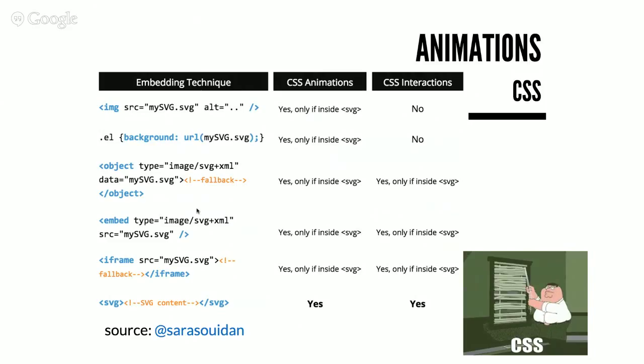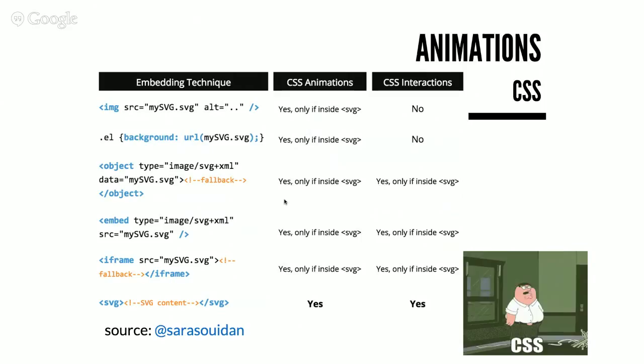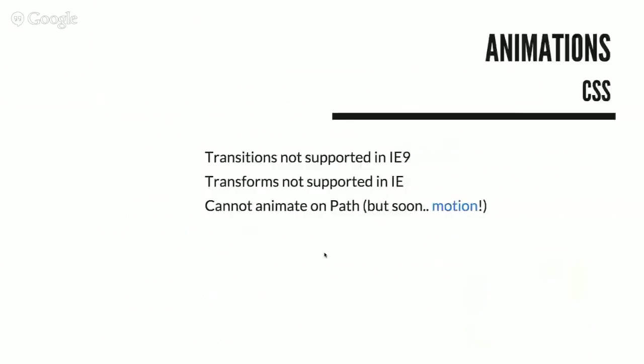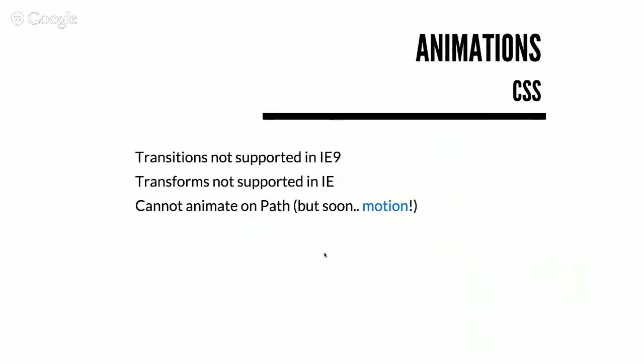So for IE 8 and below, you can easily use some of these strategies. CSS animations should work for all of these, except for the fact that CSS transitions aren't supported in IE 9, and transforms aren't supported in IE at all yet.